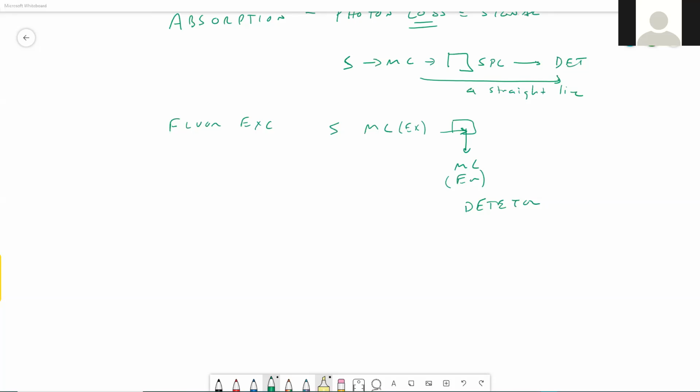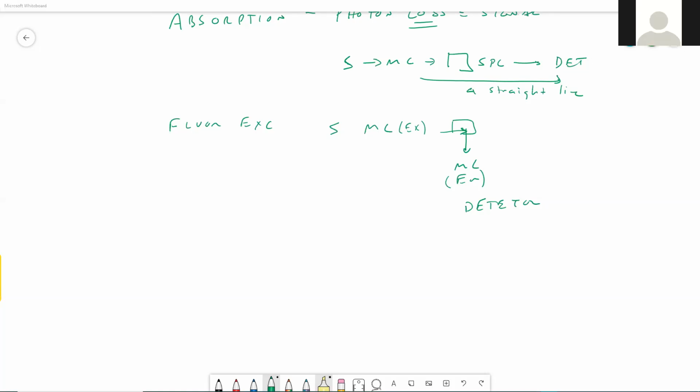Because in order to detect it, doesn't it have to go through the detector itself? And isn't that a way of scanning it, I suppose? So the light has to be sorted by wavelength before it's detected, right?